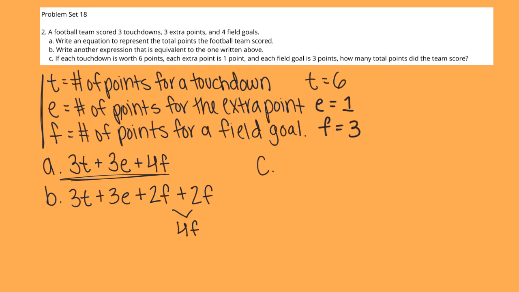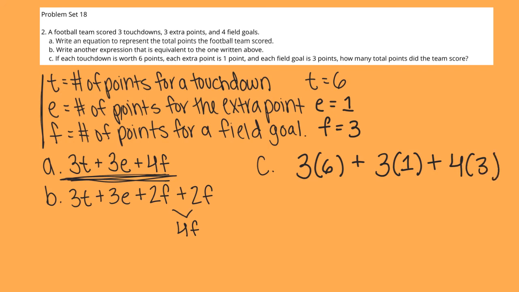Now I'm going to take my equation that I wrote in for A and substitute my values in that I know over here. So now I have 3 times 6 plus 3 times 1 plus 4 times 3. To figure out the team's overall score, I need to multiply these values together first.